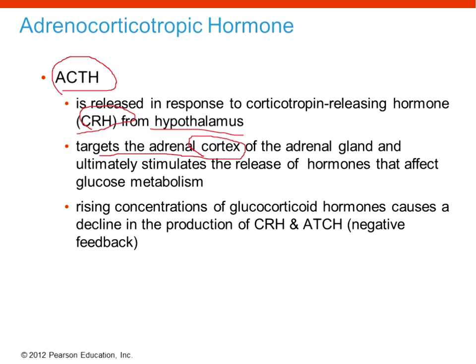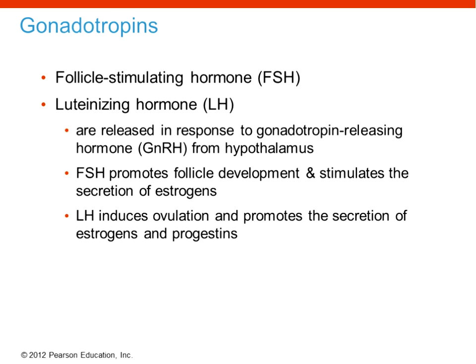And then ACTH targets the adrenal cortex, which is going to release hormones that are going to impact glucose metabolism, like glucocorticoids, basically. And then once you get those glucocorticoid hormones in level, you get negative feedback and that slows the process. So again, it's all about homeostasis, right? Achieving the right amount of hormones in the body. And once you do that, the negative feedback slows that process, and once again, you're in business.